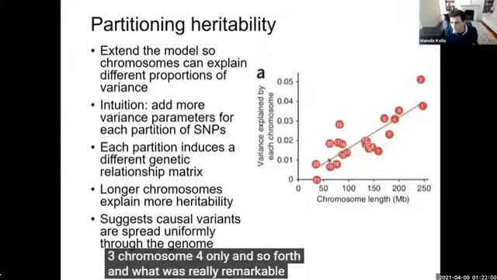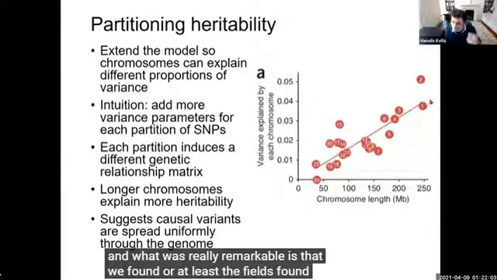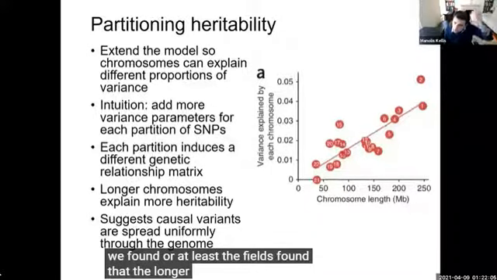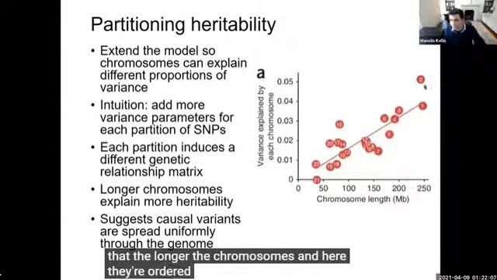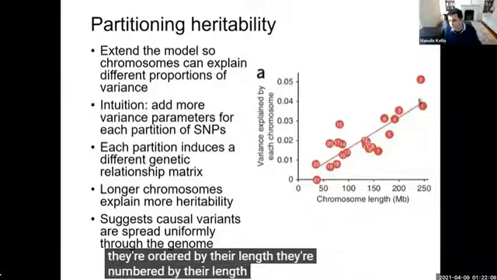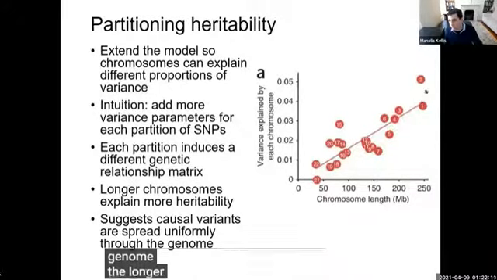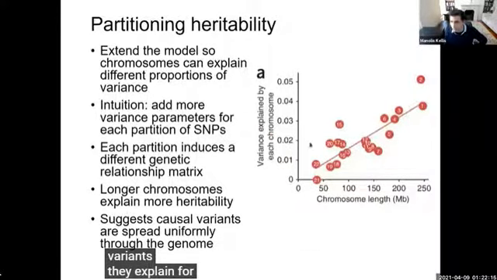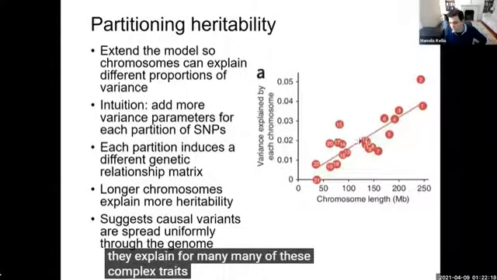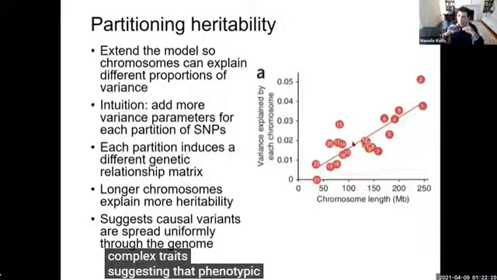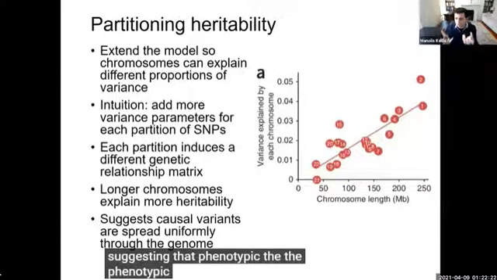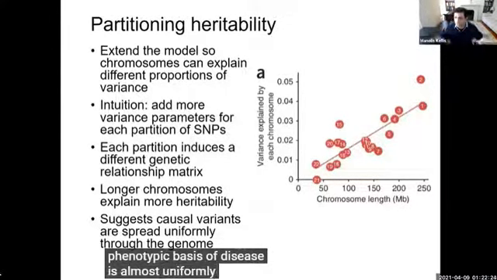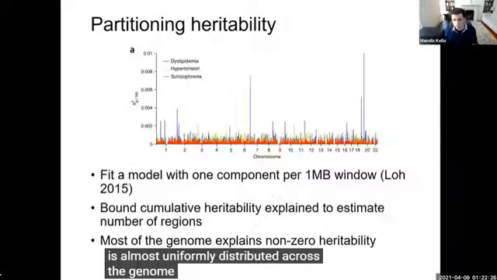And what was really remarkable is that we found, or at least the field found, that the longer the chromosomes, and here they're ordered by their length, they're numbered by their length in the human genome, the longer the chromosomes, the more variance they explain for many, many of these complex traits, suggesting that the phenotypic basis of disease is almost uniformly distributed across the genome.